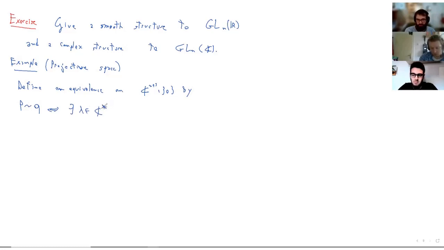It comes from algebra: when you have a ring, you take the multiplicative group of the ring. And we define the complex projective space of dimension n to be just equivalence classes of this.